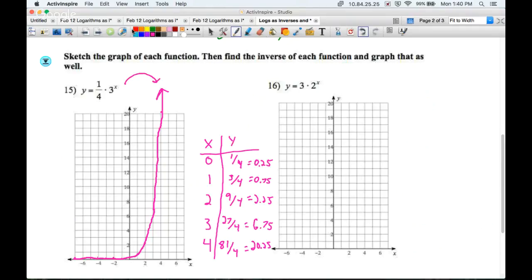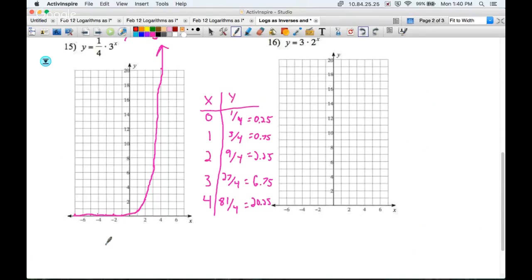Now it's time to find the inverse and then graph that. So y equals 1/4 times 3 to the x. I'm going to swap x and y. So x and y are going to swap spots. This is going to become x equals 1/4 times 3 to the y.